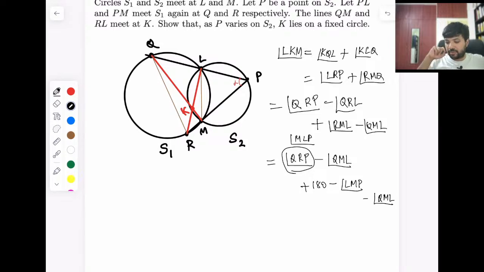How do you do this? Is that true? Rishon, didn't you say a few minutes ago that in your drawing K is not on the circle? In your drawing you saw that it was not on the circle.